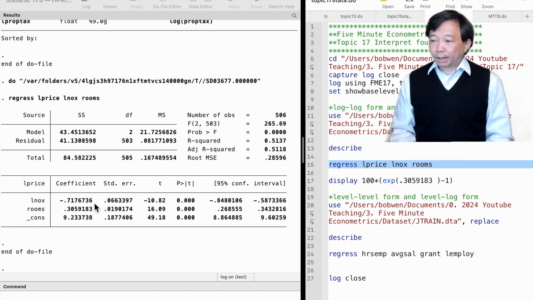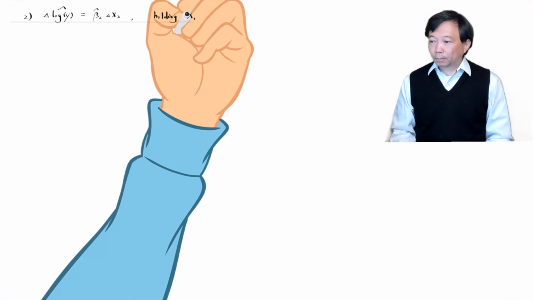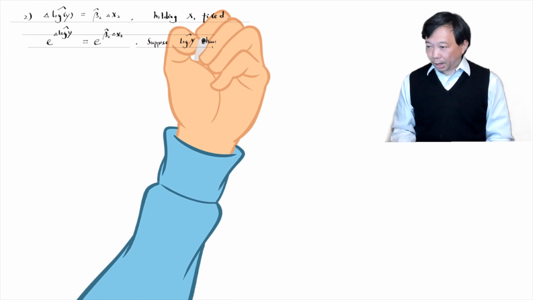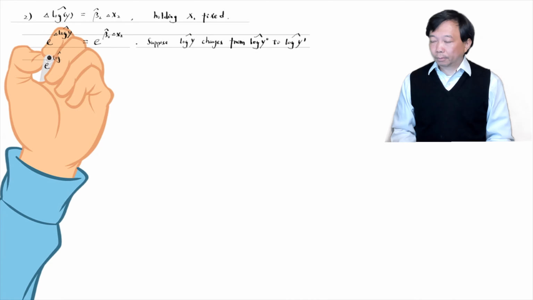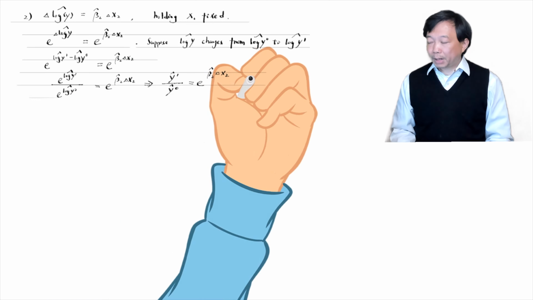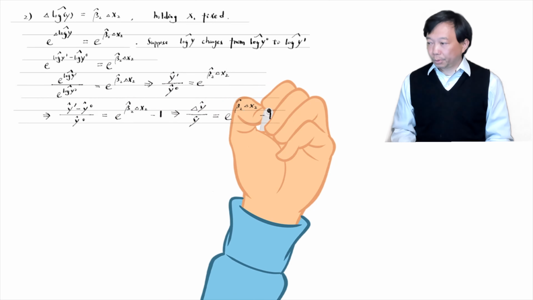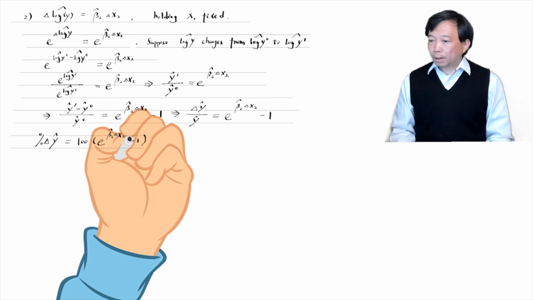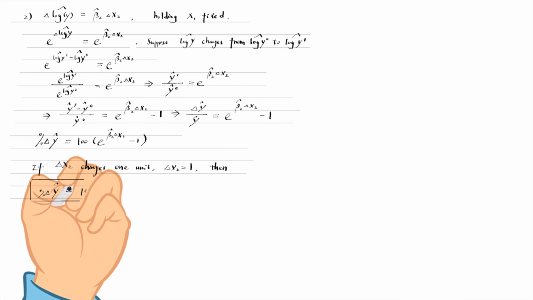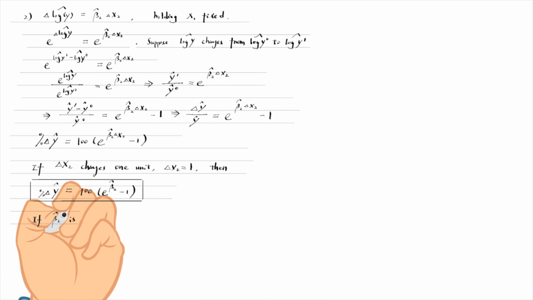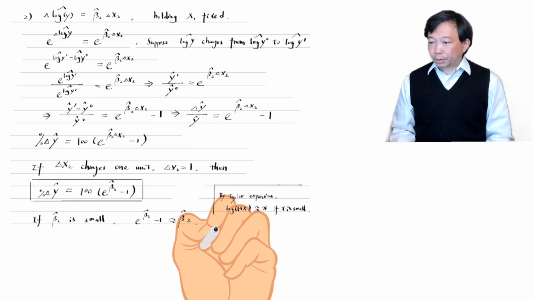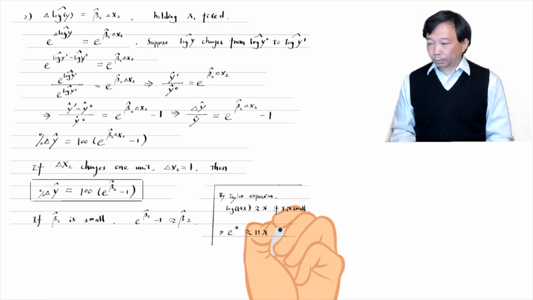Next, let's look at the log-level form. We can prove that the estimated coefficient multiplied by 100 is the percentage change in the outcome variable when the explanatory variable increases by 1 unit. The proof uses the Taylor expansion.